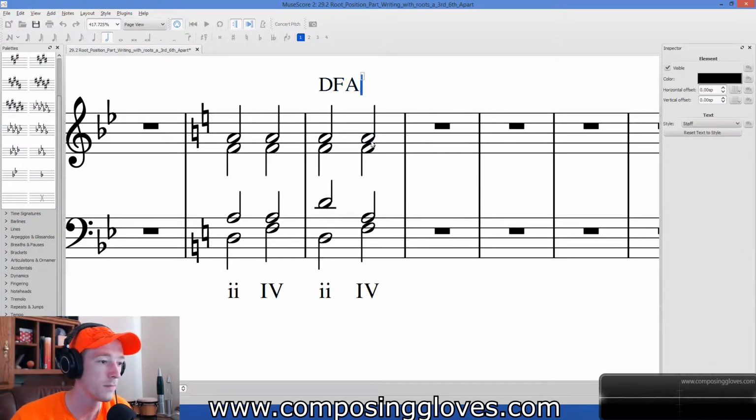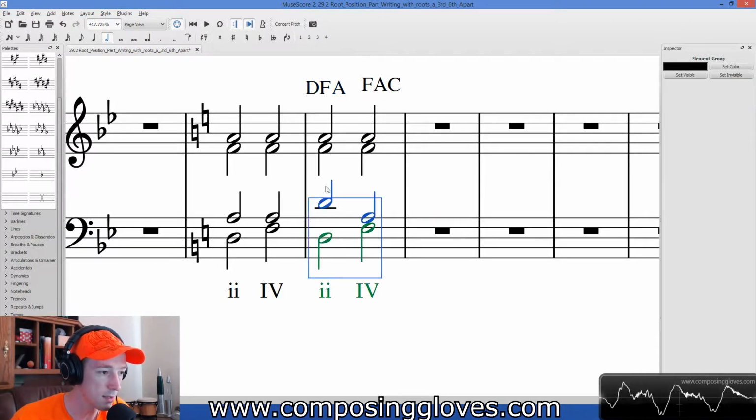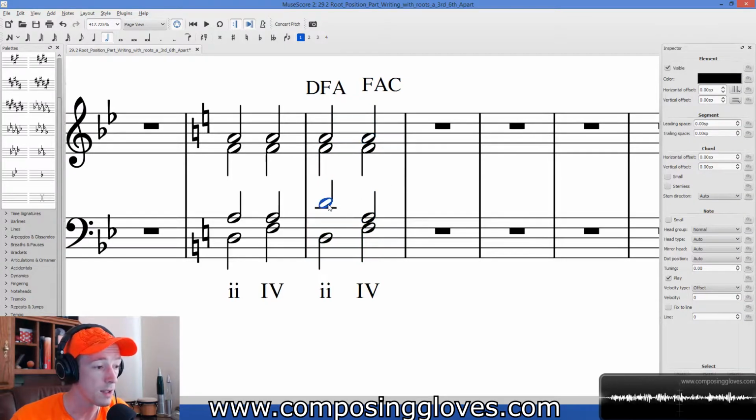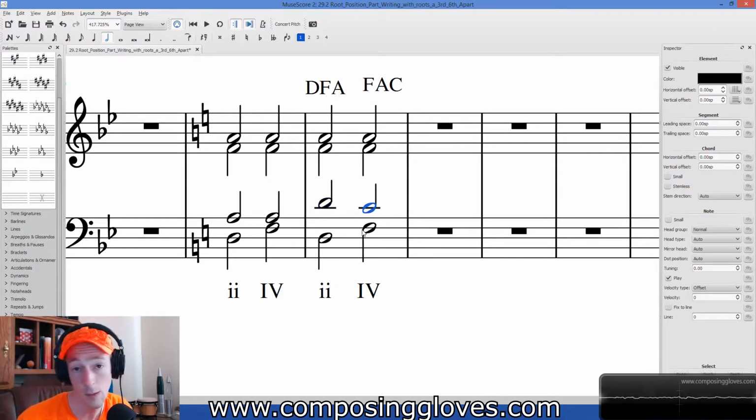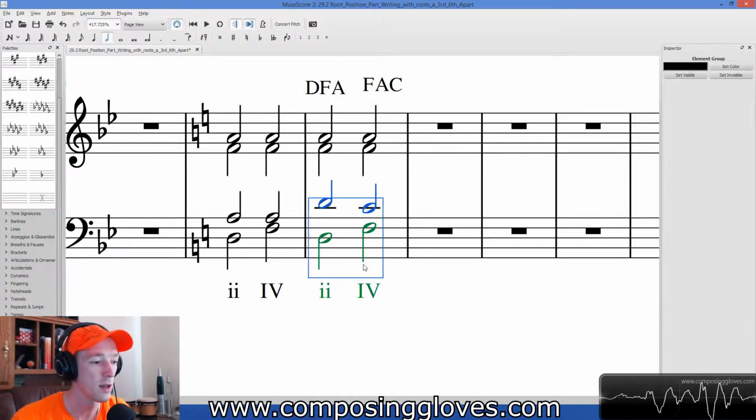And this one is F, A, C. And so we say, well, D is not in here, but A and C are. So we still keep the F and the A. But here, we need to do something with this. So we're going to move it down to the note they don't share, which is the C, right? The D and the C. So we'll just make that a C. Stepwise, nice and smooth. Check it out.